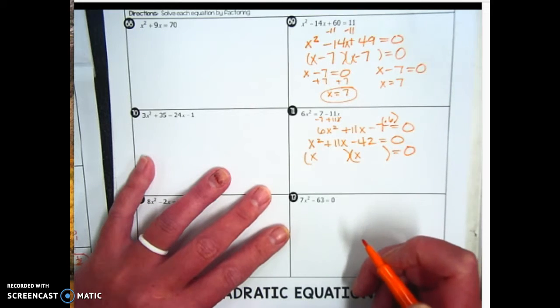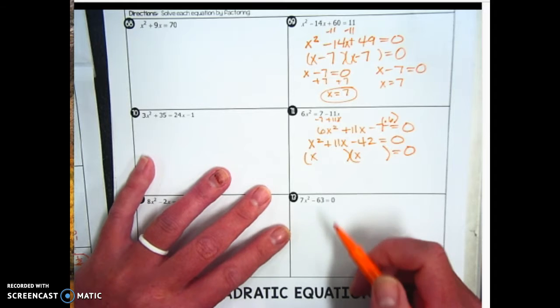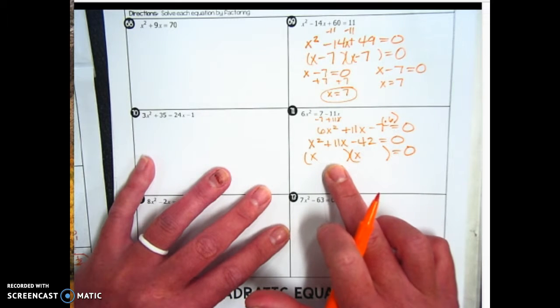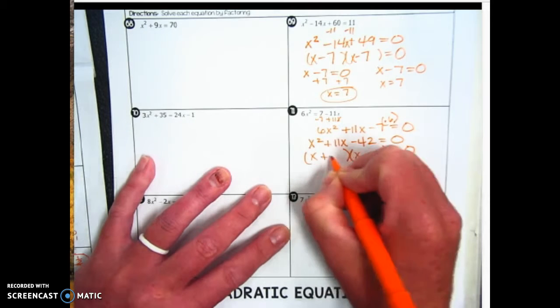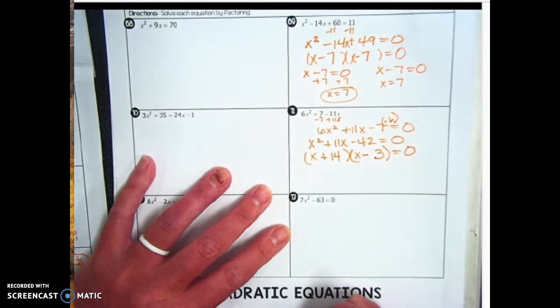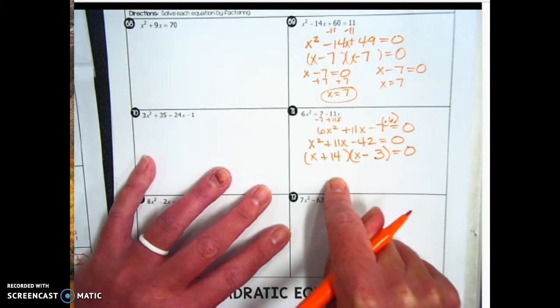Anybody got it today? 14 and 3 is correct. Do you know which one is plus? The 14. It's got to be x plus 14 and x minus 3 because that middle term is positive. That's how we knew the plus should go with the 14.